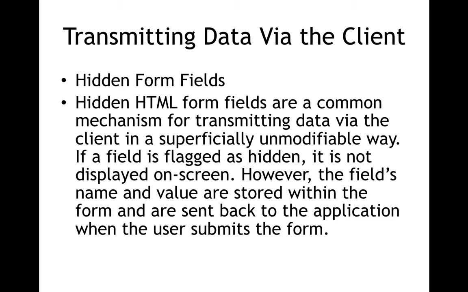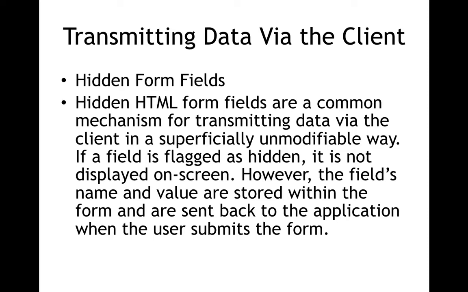So we start with hidden form fields. Hidden form fields are a common mechanism for transmitting data via the client in a seemingly unmodifiable way. A field flagged as hidden is not displayed on screen. However, the field name and value are stored within the form and sent back to the application when the user submits the form.